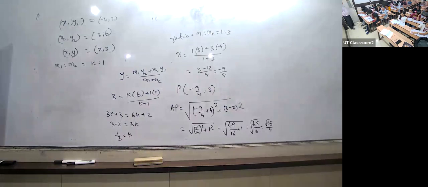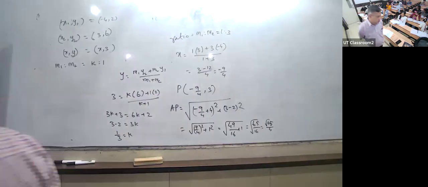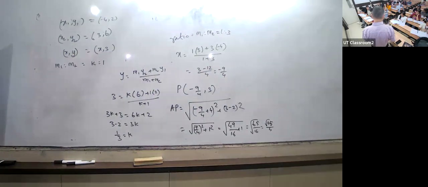The majority could not complete this also. In fact, length distance nobody could do. For the ratio, somebody did 1:1, and most of you got 1:3. That is correct.